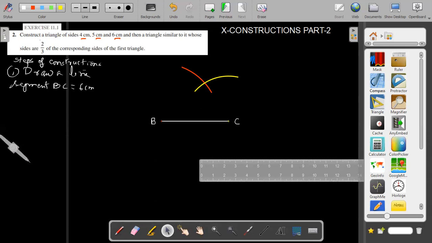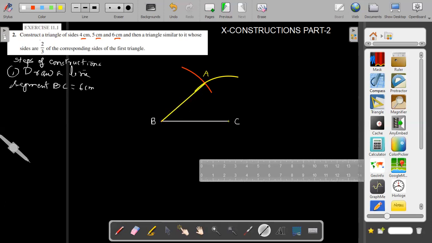This is our point A. Now join AB and AC. We get the given triangle.